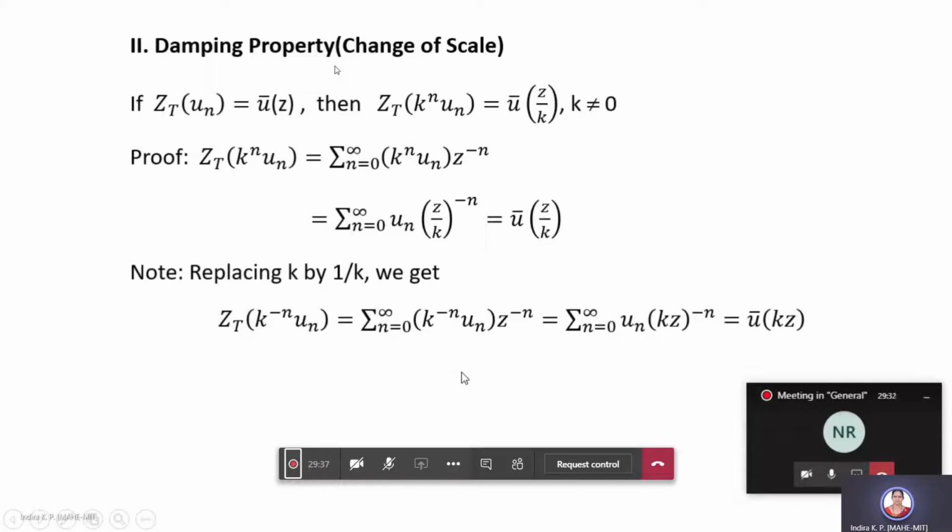In between, I will give a pause so that you can note down the properties, so that while solving problems it becomes easy for you. So please note down: the transform of un is u bar of z, which means the transform of k to the power n times un is u bar of z by k.